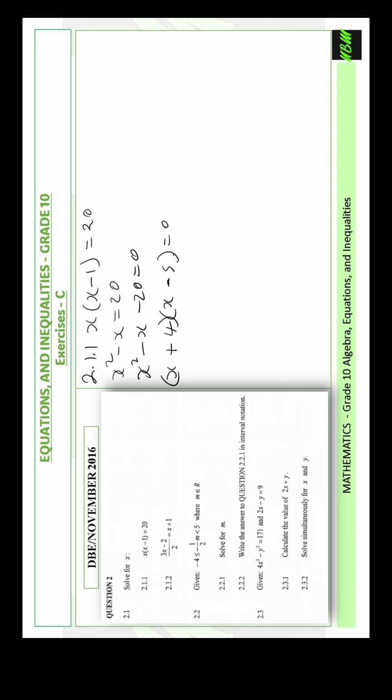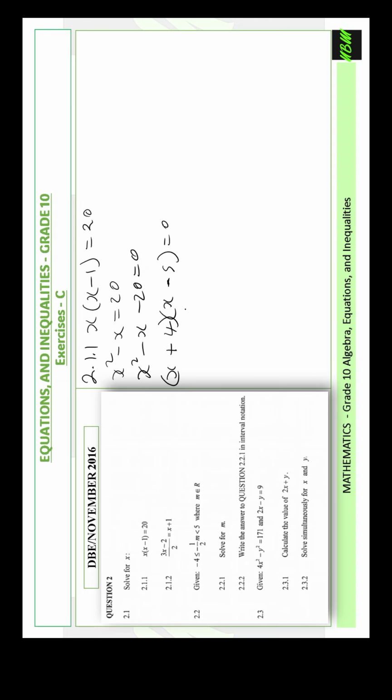But also again, you remember the long process that we did in the question of 2.1.1 in the previous question of November 2015. You can also apply the same process by saying coefficient of x squared 1 multiplied by 20, and then find those factors step by step up until you get to x plus 4 multiplied by x minus 5 is equals to 0.